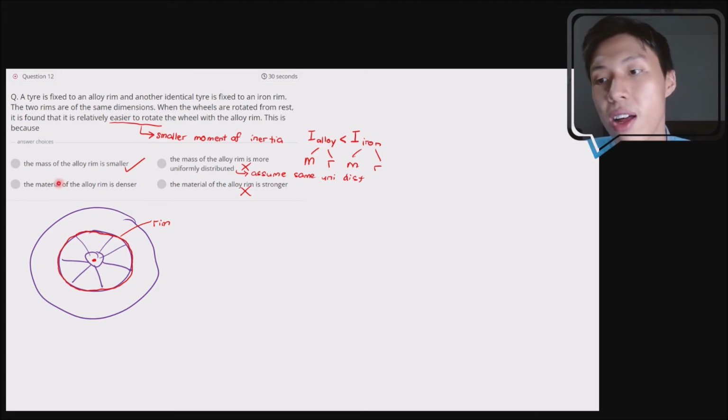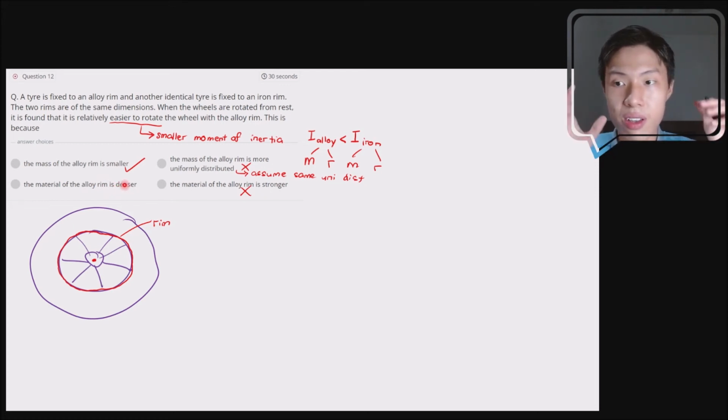Everything makes sense. Next, if the material of the alloy rim is denser, you know that both of the rims should have the same shape, same dimension. So you should expect that both of them should have the same volume. So if they have the same volume, and the alloy rim is denser, then that means the alloy rim will have greater mass.